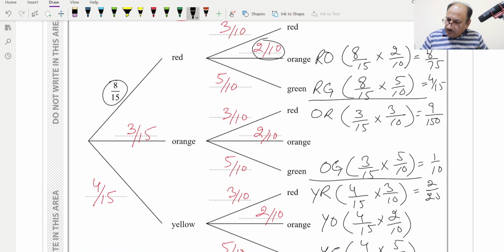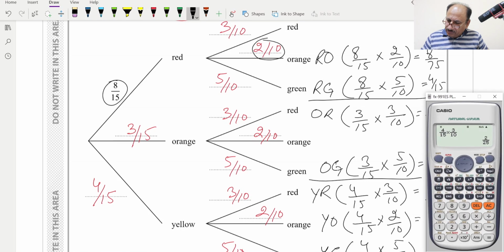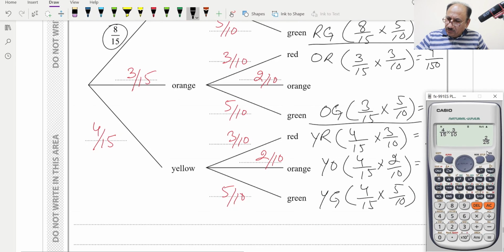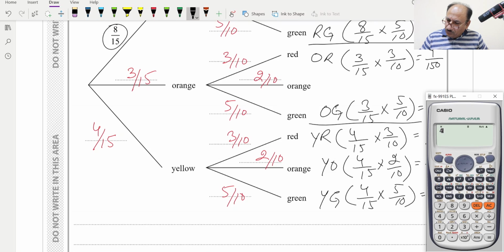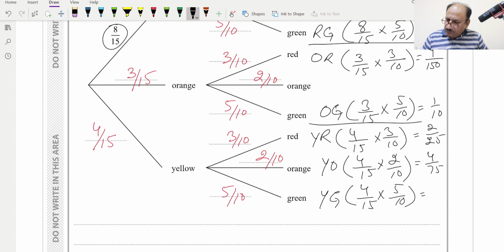Similarly we can calculate yellow and orange, 4 over 15 multiplied by 2 over 10, which is equal to 4 over 75. And the last one, 4 over 15 multiplied by 5 over 10, is equal to 2 over 15. And we have to add all these probabilities.